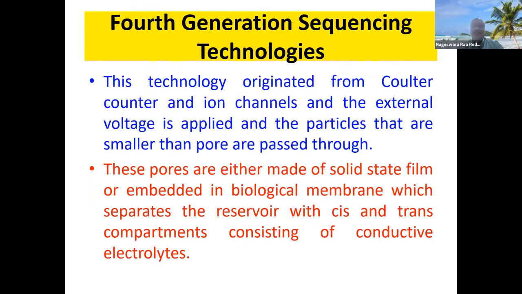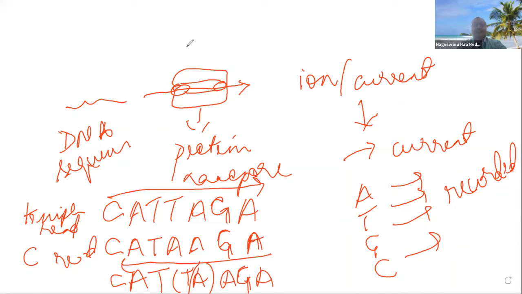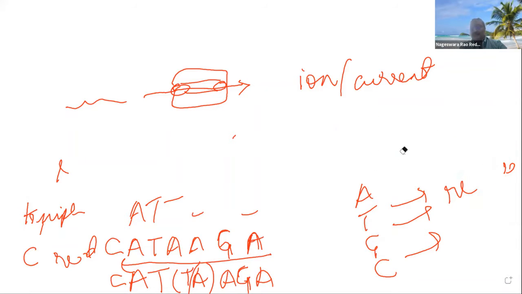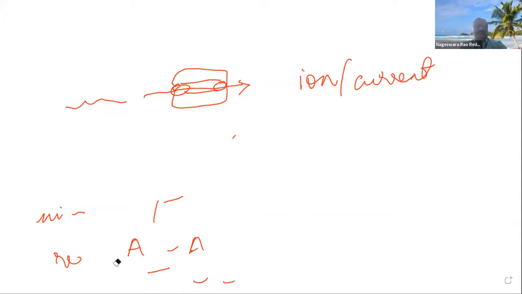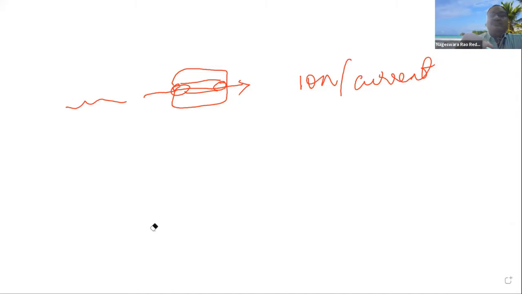So how do we do this? I'll just show you on a whiteboard. Again, you can see here, we have a DNA.